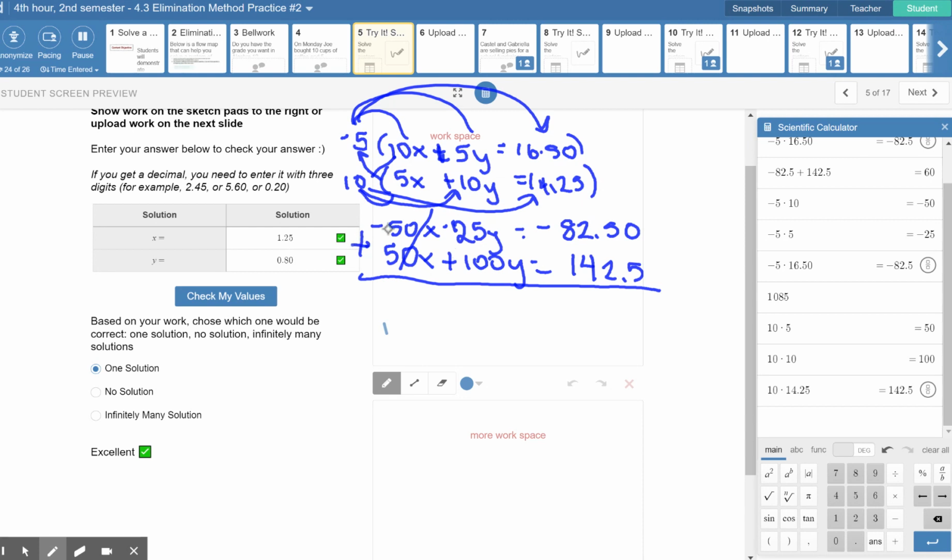Now the whole point of this was to add these two together. And when you add these two equations together, the X's are going to eliminate. So then we got 75Y. And then -82.50 plus 142.50 gets you equals to 60.